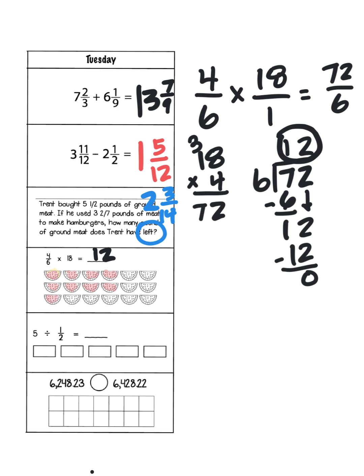We'll shade in 4/6 of the watermelon slices. Now, if we look at our illustration, we have shaded in the number of parts that represent 4/6 of 18. 12 watermelon slices equal 4/6 of 18.